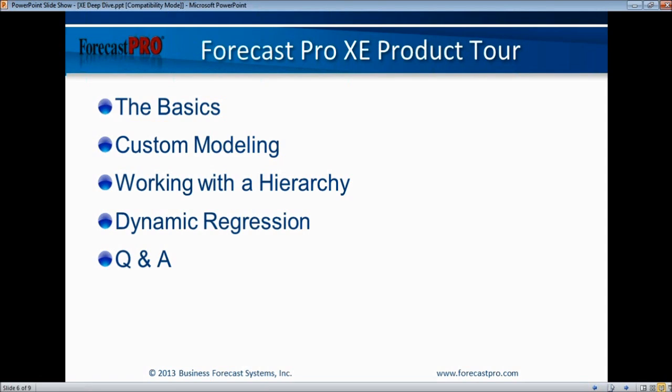And yes, you can view the data at any level you want. You can apply the models at any level you want. You can make adjustments at any level you want. So Forecast Pro is actually a very good implementation in terms of working with data at different levels. And again, we'll be coming back to this because our next section deals with exactly that.